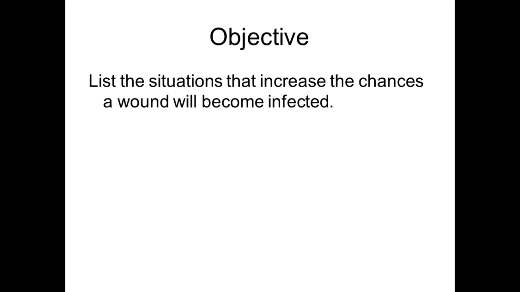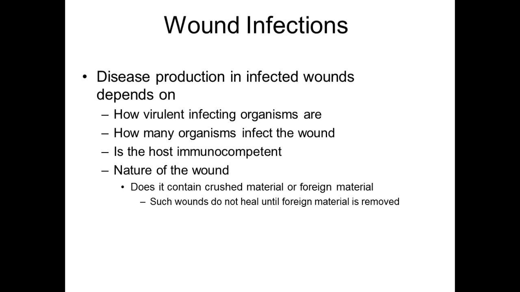So, how virulent the infecting organisms are, right? And so virulence is a term that we're going to use quite a bit. We've already studied the immune system, right? And we talked about how some of them can escape phagocytosis, or can evade detection by phagocytic cells.